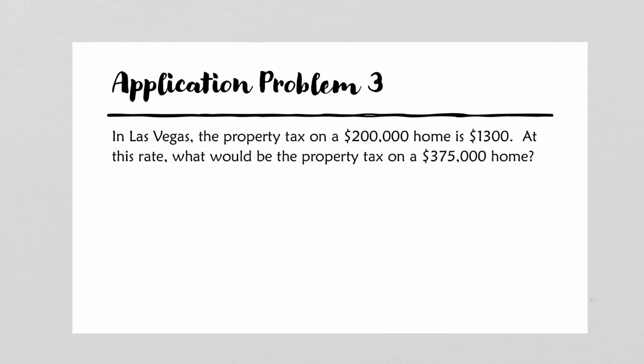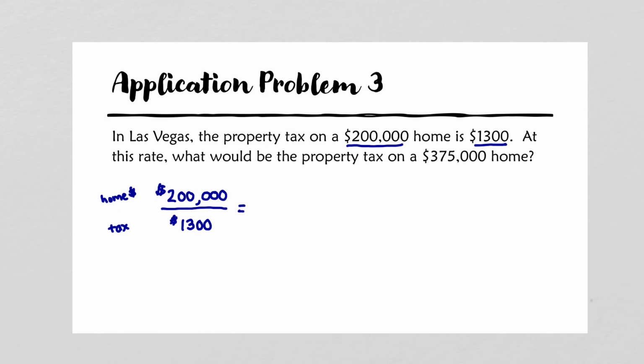We're going to set up a proportion. This time we're going to compare the cost of a home to the property tax. So at first, we're going to write down $200,000 because that's the cost of the home. And we're going to relate that to the property tax, which is $1,300. I'm just going to put a little note over here on the side that tax is on the bottom and the home cost is on the top.